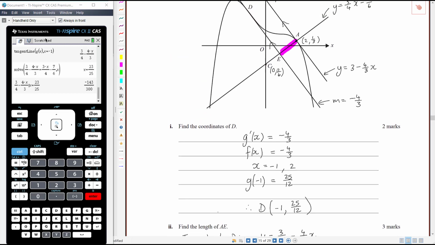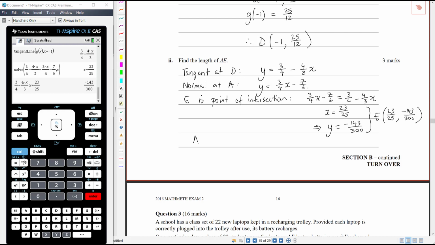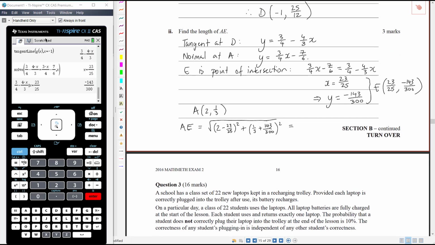Okay, so then we want the distance. We've got A, we know that A is 2, 1/3. And so therefore the distance from A to E is going to be the square root of 2 minus 23 on 25 squared plus 1/3 plus 143 on 300 squared. Sorry, handwriting's getting poor. Alright, so let's work that out.